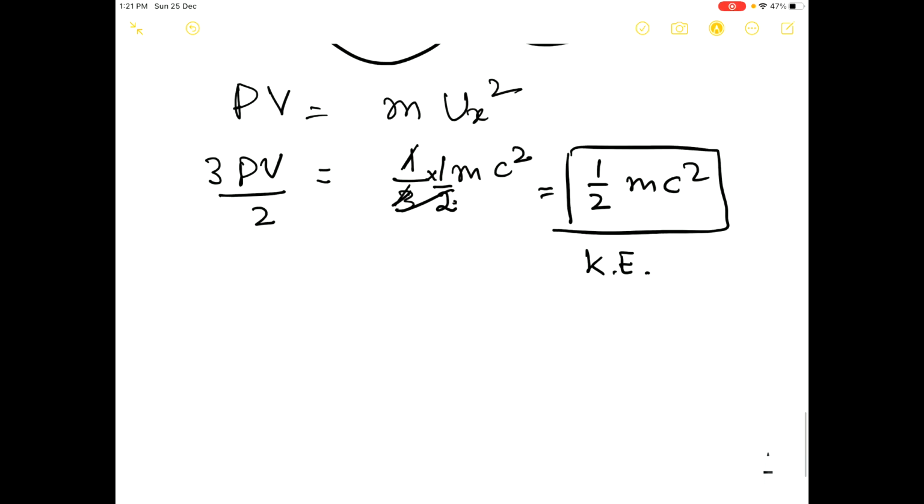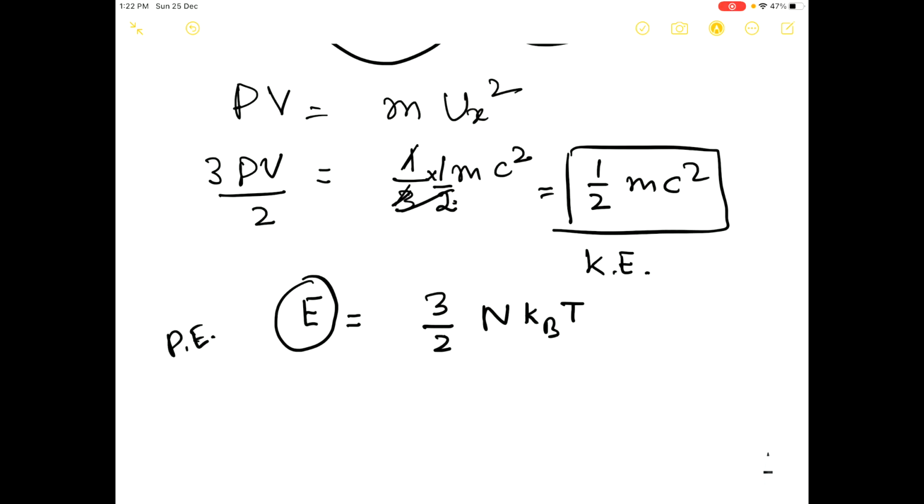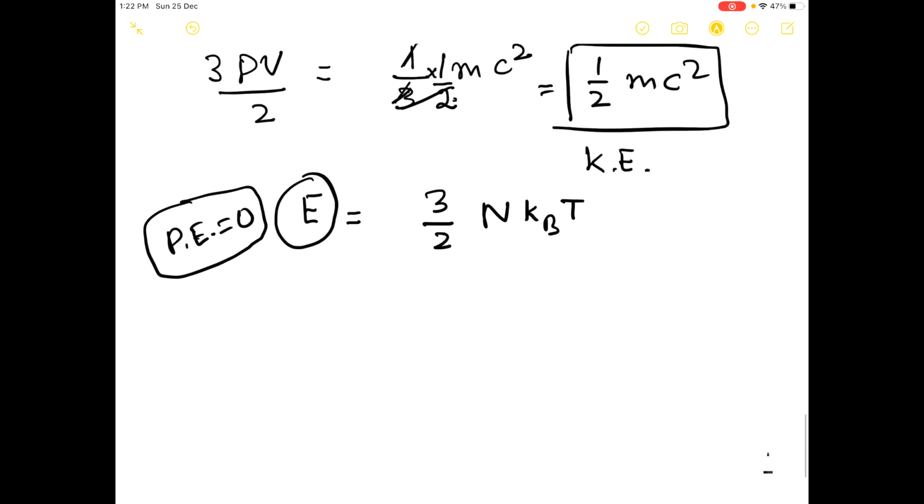And by Boltzmann we know that E is equal to 3 by 2 nkBT, and here the potential energy is 0 because we have assumed that there is no force of attraction or repulsion between the molecules.